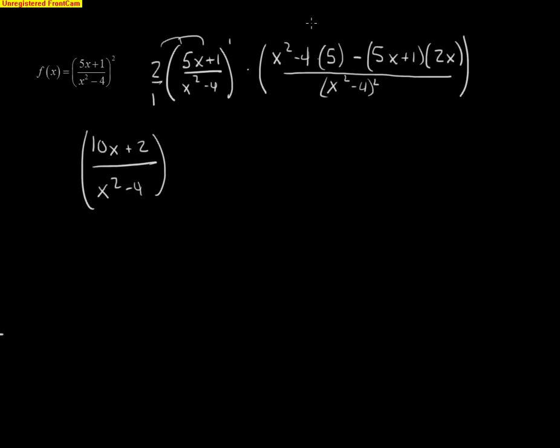We need to clean up the numerator here. This is going to be 5x squared minus 20. And then distribute the 2x, and don't forget about the subtraction. So minus 10x minus 2x.